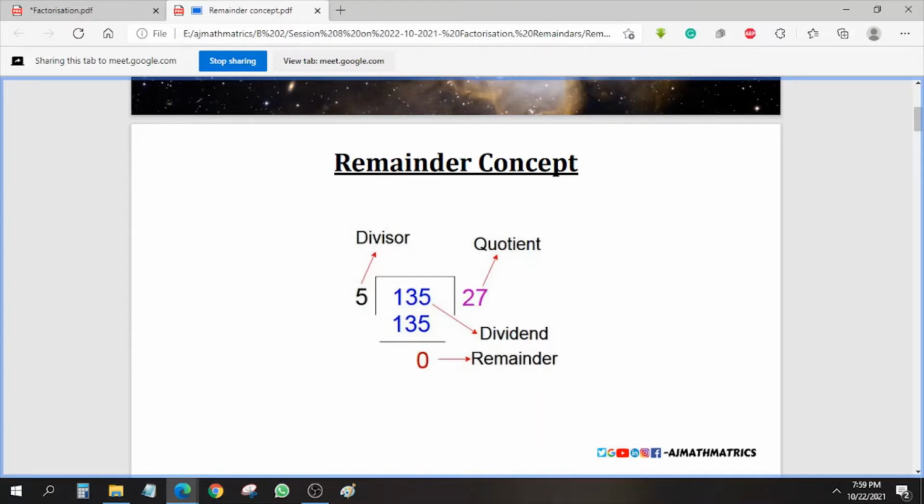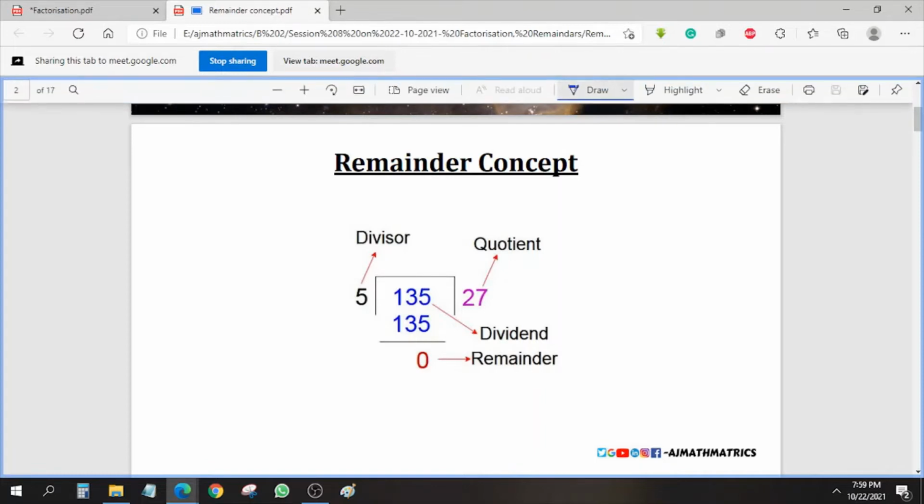So what are the mandatory things here? We have the divisor, which we also call a factor, and this is the quotient, and this is the remainder, and this will be the dividend. One more formula is there, that is dividend is equal to divisor into coefficient plus remainder.